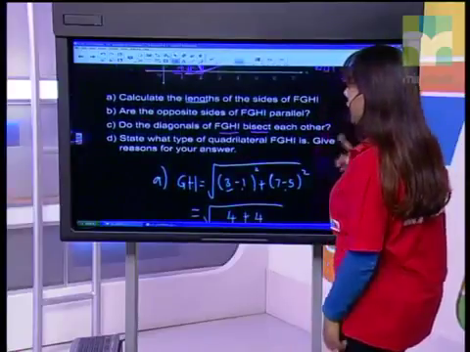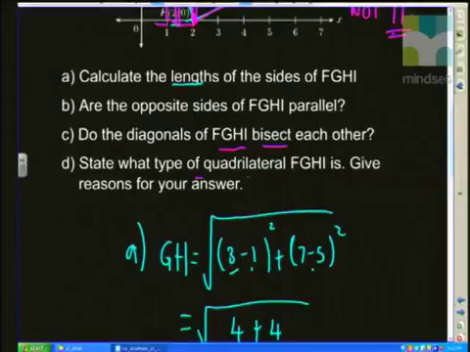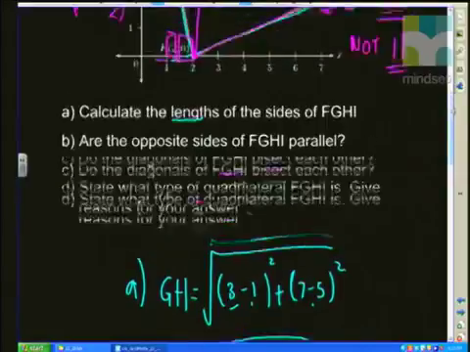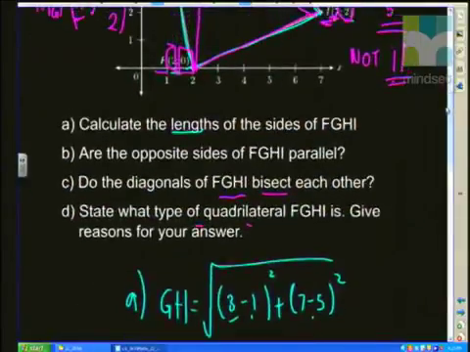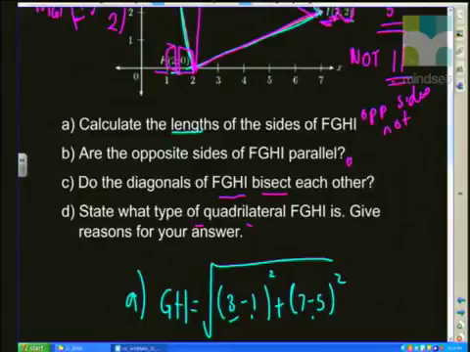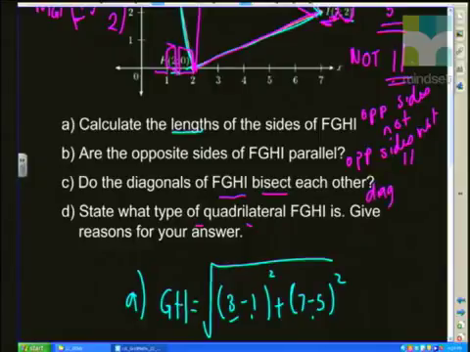All right. Then lastly, they say, state what type of quadrilateral this is and give a reason for your answer. Now, guys, if you look at what we've just shown, firstly, in part A, we've shown that your opposite sides are not equal. We've also shown opposite sides not parallel. And we've also shown that diagonals do not bisect each other.